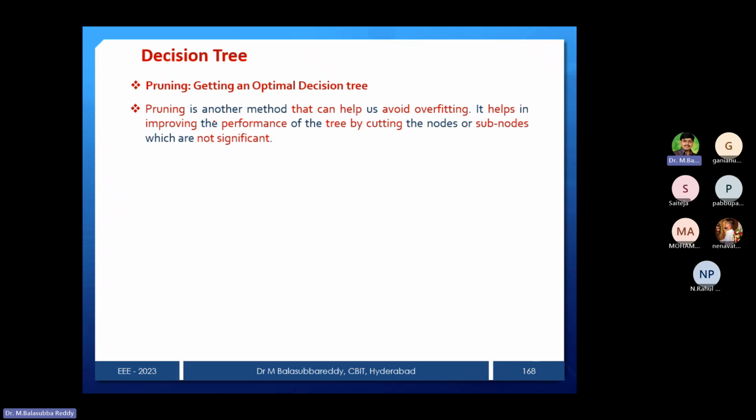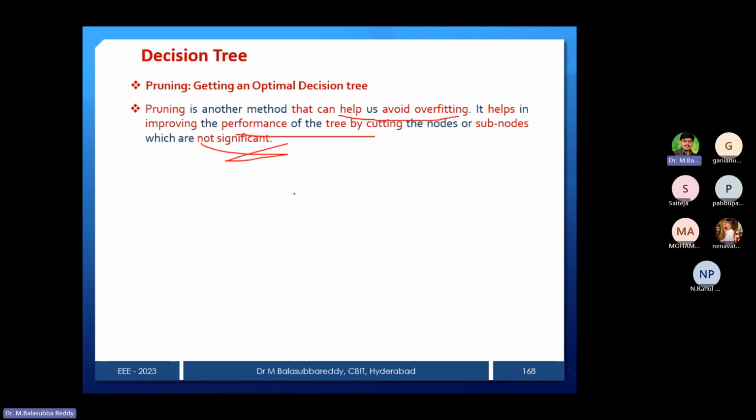You can see pruning is another method that can help to avoid overfitting. That's what I already mentioned. If you are getting huge data, then it may overfit also. That will be avoided by using pruning. It improves the performance of the tree by cutting the nodes or subnodes which are not significant.